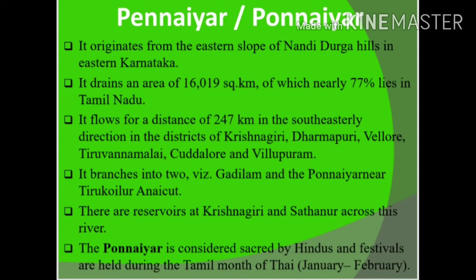Later it branches into two, Kedilam and Pennayar, near Tirukoyilur Anaikattu. There are reservoirs at Krishnagiri and Sathanur across this river. The Pennayar is considered sacred by Hindus, and festivals are held during the Tamil month of Thai, that is January and February, during Pongal time.